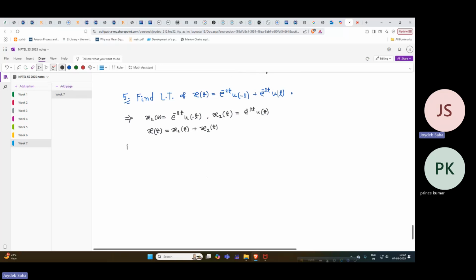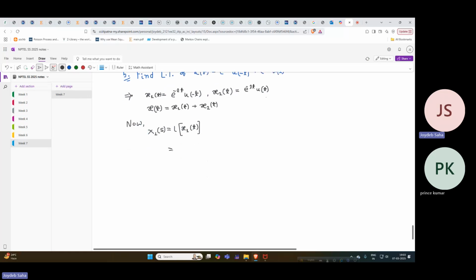Now the Laplace transform of x1, capital X1(s), is equal to the Laplace transform of x1(t), which is the Laplace transform of e to the power minus 2t u of minus t.